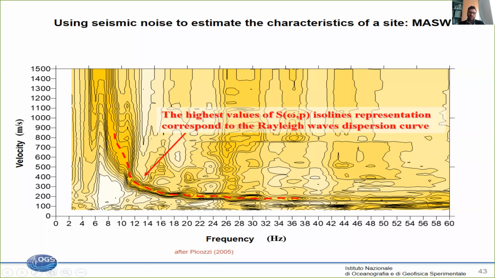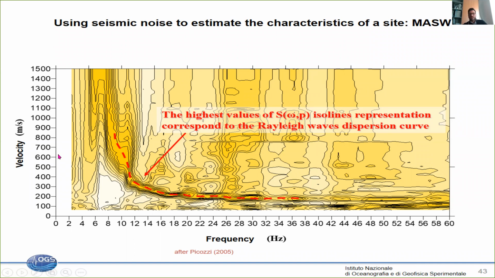You immediately see that the velocity is not the same for the different frequencies. So we have a velocity that depends on frequency, and this is due to dispersion. It's also telling us, for example, that the velocity is increasing with depth. We see it here because, for example, at 10 Hertz, we have 600 meters per second.